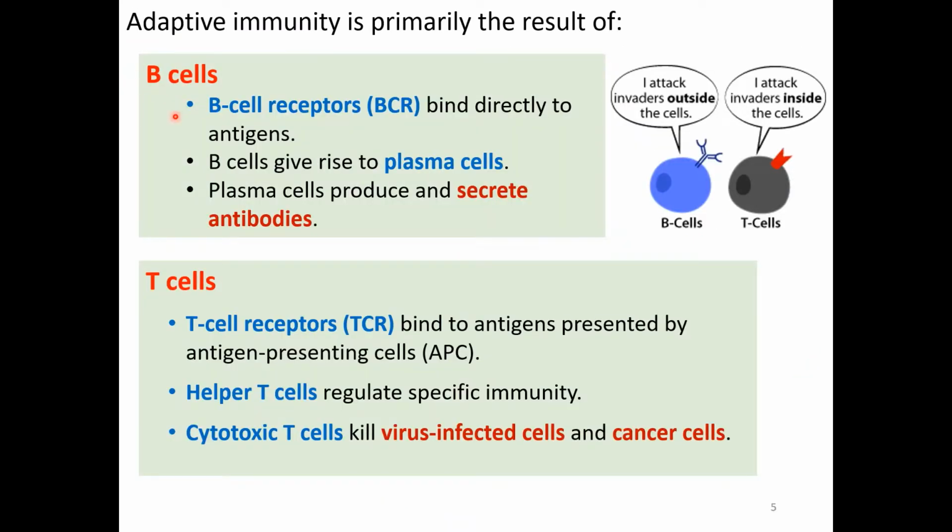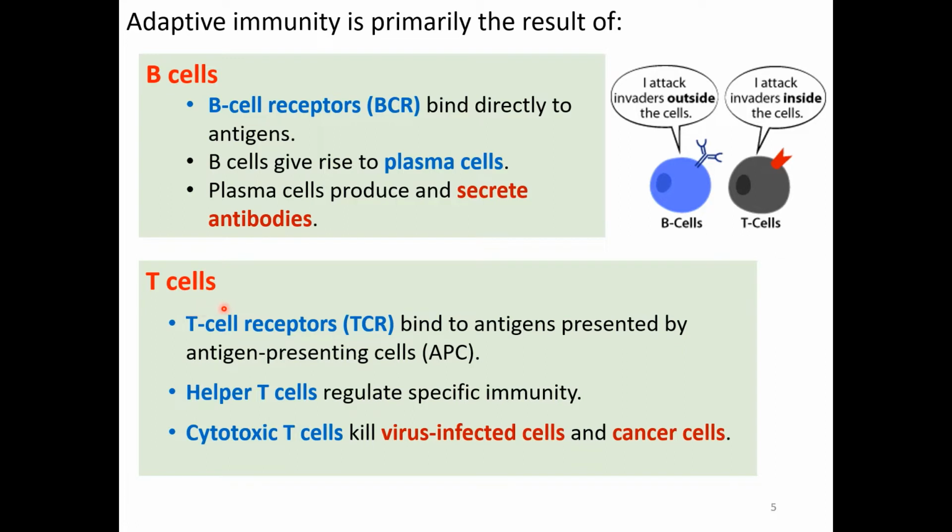Okay, adaptive immunity is primarily the result of B cells and T cells. This includes several mechanisms and several types of B cells and T cells. For B cells, the B cell receptor will bind directly to antigen, and B cells give rise to plasma cells. This plasma cell will produce and secrete antibodies that later will be killed by macrophages or natural killer cells.